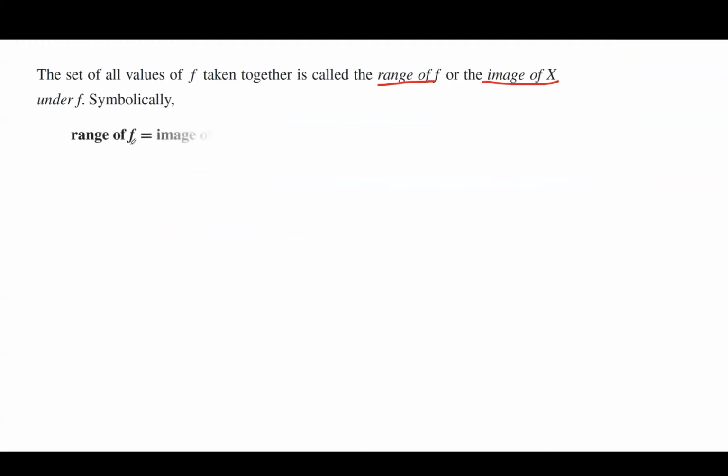The set of all values of f taken together is called the range of f, or the image of X under function f. Symbolically, we write down the range of f as the set of all output values such that those output values are connected to x by f.